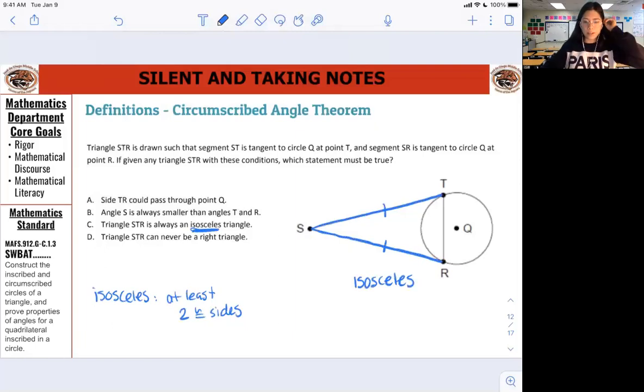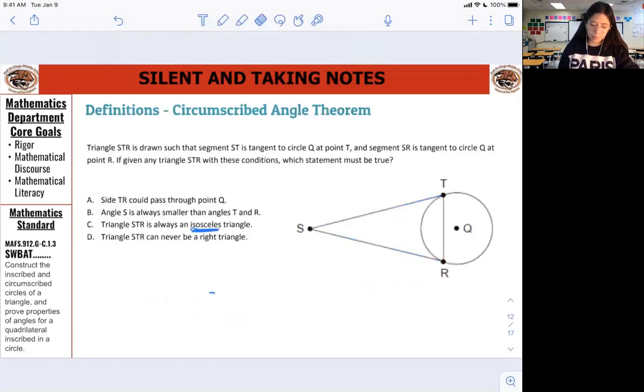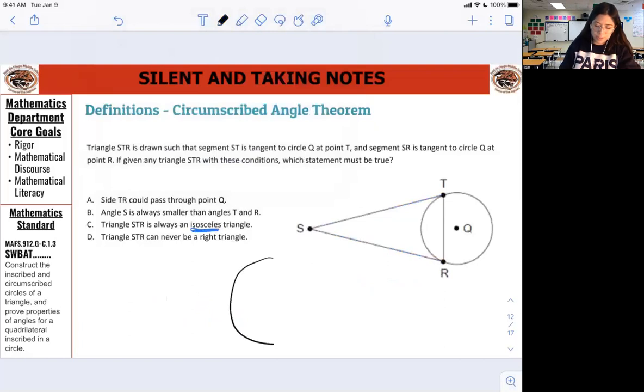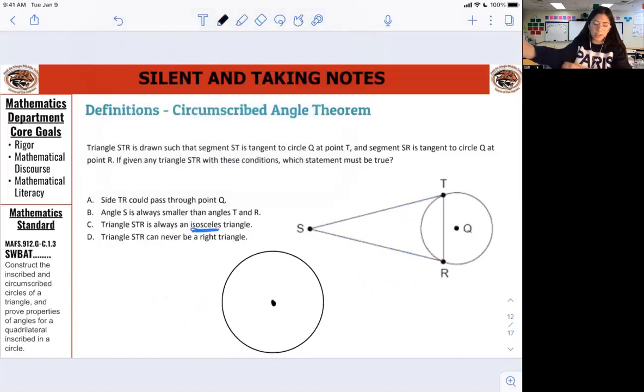Okay. Now let's look at all the other answer choices, and I'm going to show you why they're not going to be true. A lot of people chose B, so let me show you why B is not always going to be true. I'm going to show an example. Here's a different circle, but I'm going to do the same thing. It's telling me that I have two tangent lines.